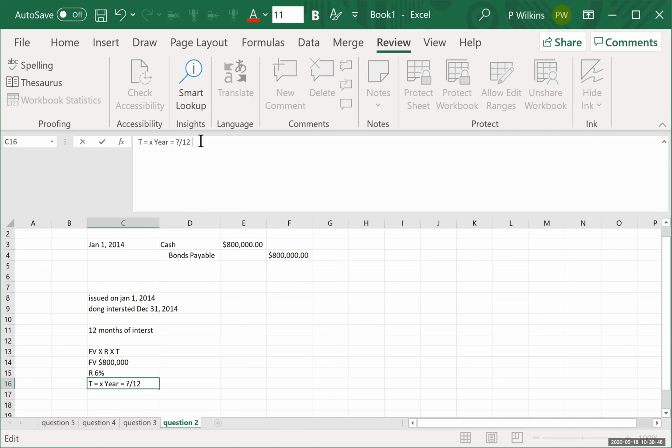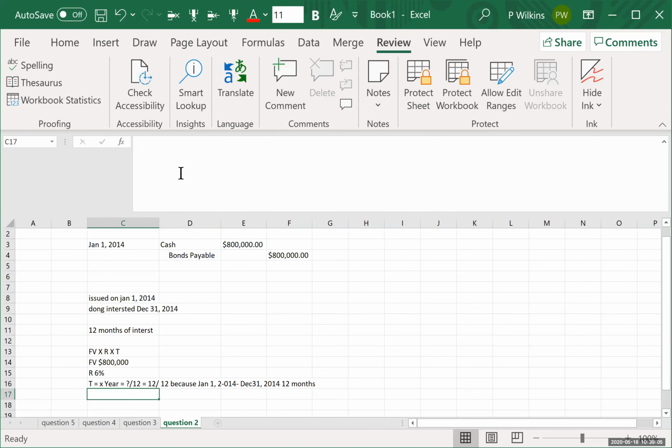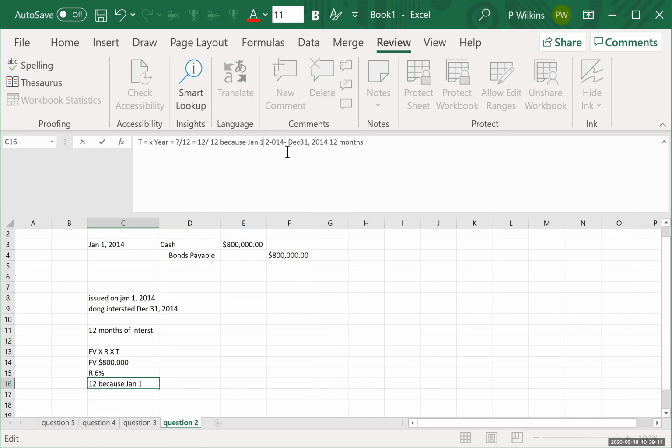So that is equal to 12 over 12 because it's January 1, 2014 through December 31, 2014. 12 months, right? Okay, so that's 12 months. All right, so 12 months, so 12 over 12.